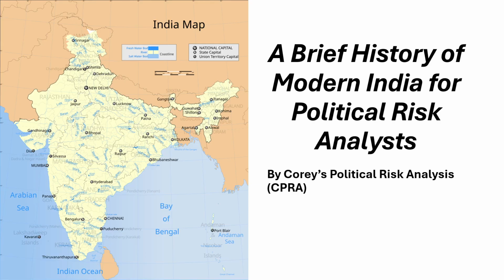Despite economic challenges and food shortages, India maintained democratic continuity, unlike many post-colonial states. Nehru also championed the Non-Aligned Movement, steering India away from Cold War alliances. However, relations with China soured, leading to the Sino-Indian War in 1962, which India lost.